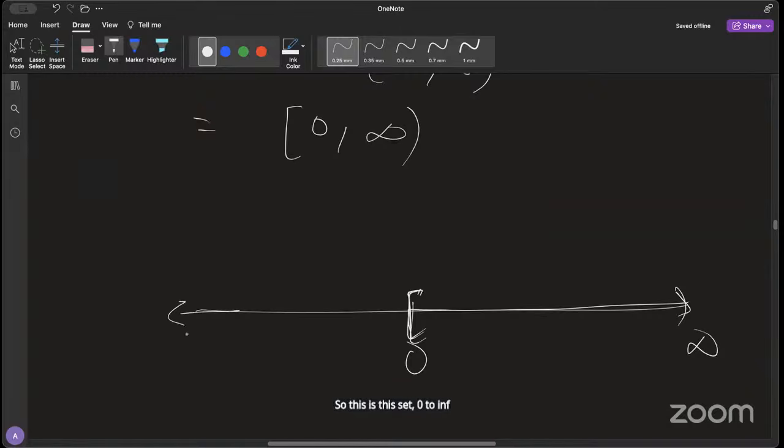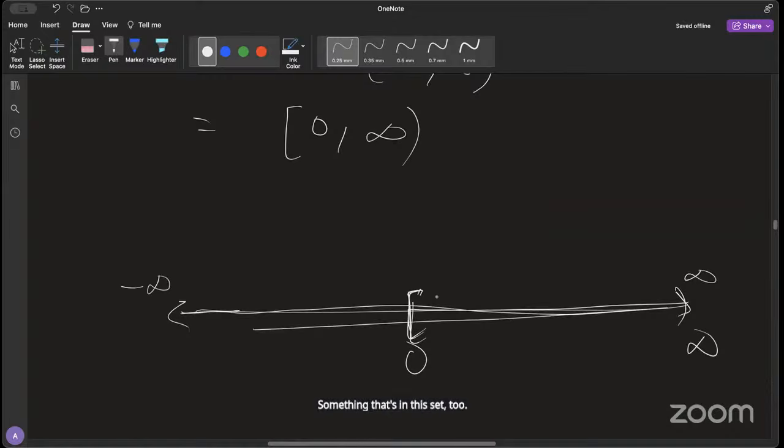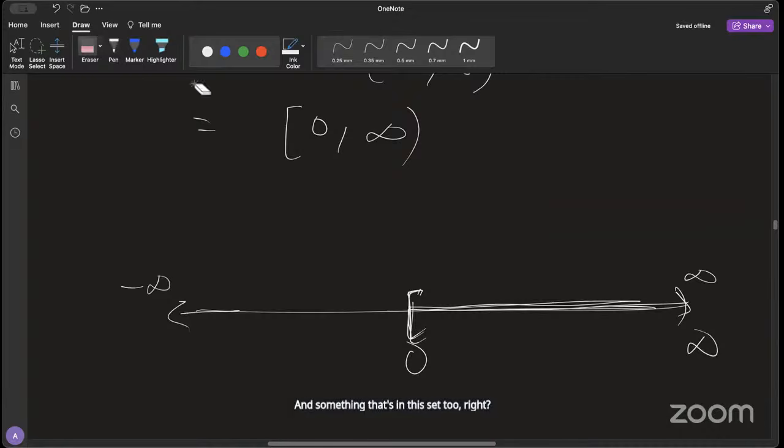And your real line is from here, minus infinity to infinity, right? So the intersection of these two sets is something that's in this set too and something that's in this set too, right? So basically this one. I want it to be in this set too.